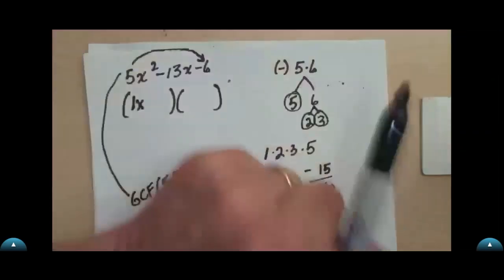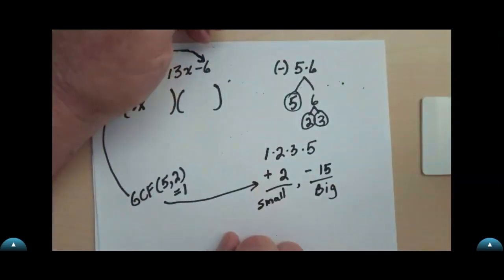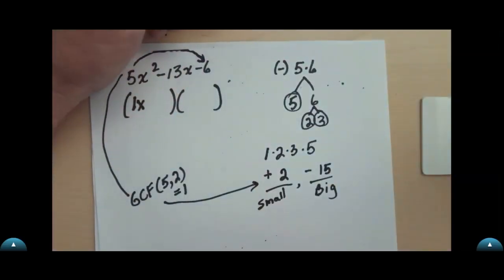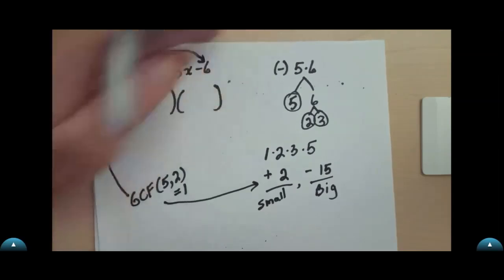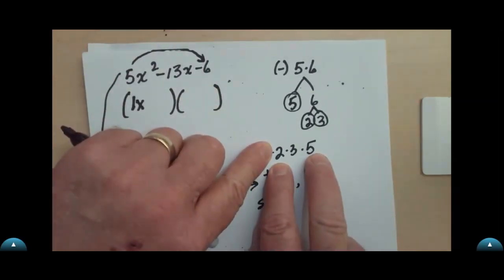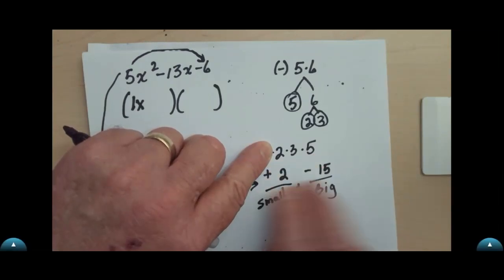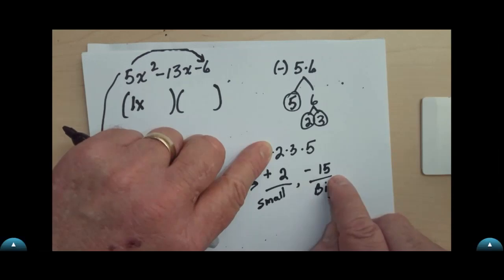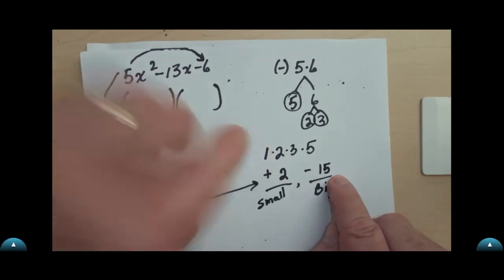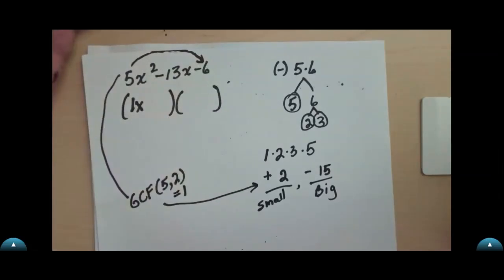It doesn't matter, except there are times it does matter, because what if it turned out that whatever this was when we tried to factor it, we needed to take all of these numbers together for just one number? We could do that. That would just automatically make 1 the other number. Y'all see that? So that 1 is always there, but 1 is a factor of everything.